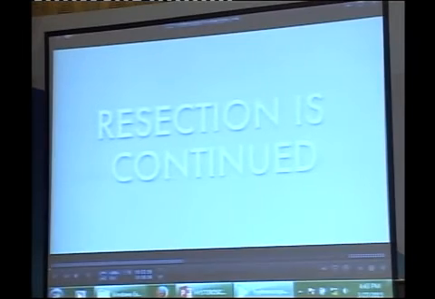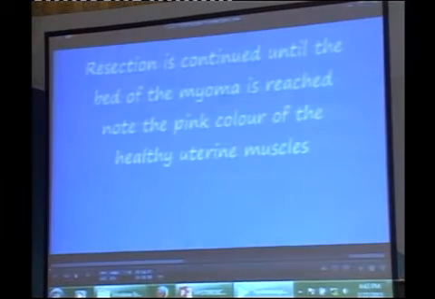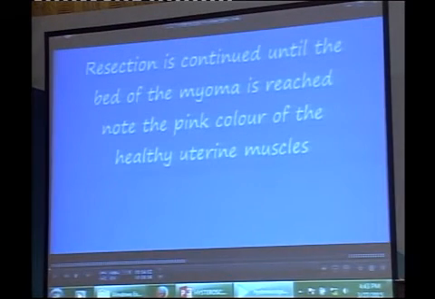Slicing is continued and resection is performed until the bed of the myoma is reached, and this can be known by the pinkish coloration of the healthy myometrial tissue. Resection of the deeper portion of the myoma is continued until the whole myometrial tissue has been removed.